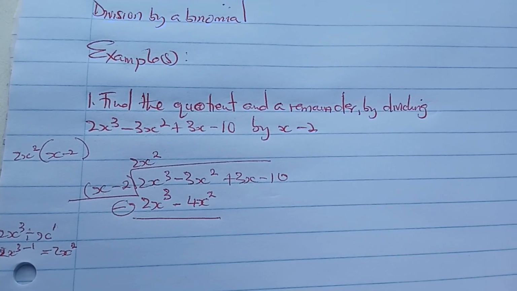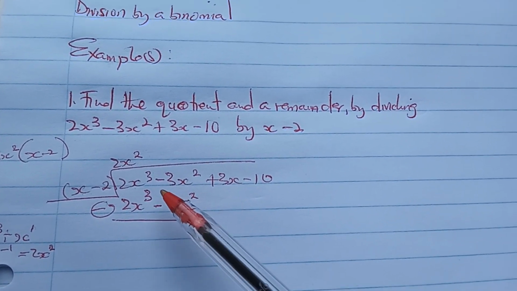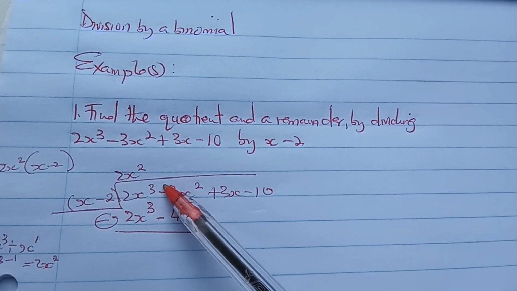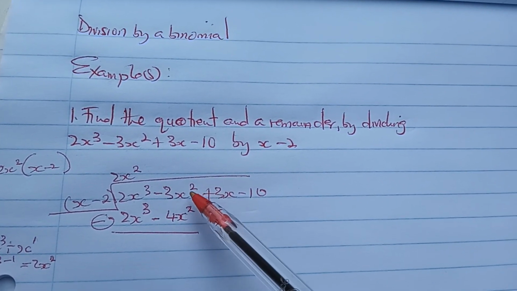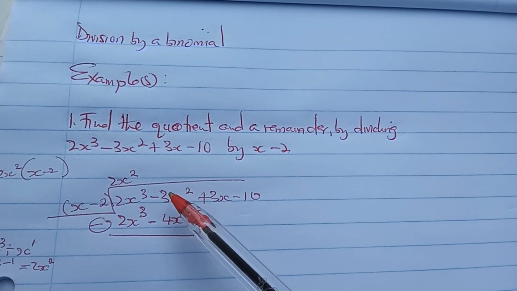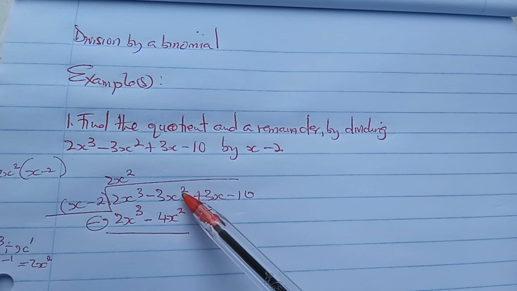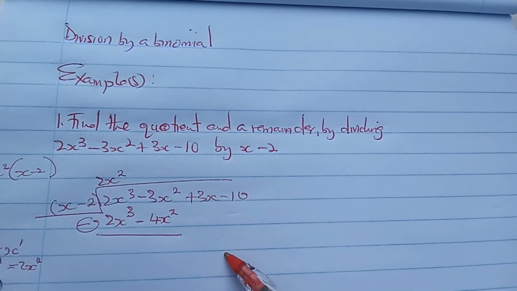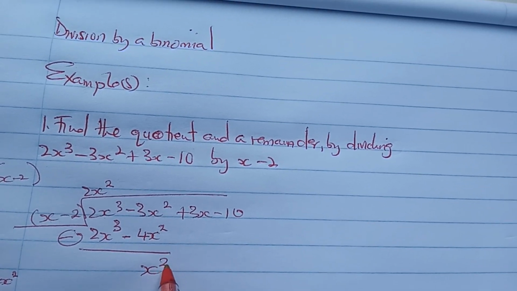Okay, now as we continue, we now subtract the terms. So 2x to the power of 3 minus this 2x to the power of 3, the answer is 0. So we move on to these terms here, this one and this one. Negative 3x to the power of 2 minus a negative 4x to the power of 2, the answer is x to the power of 2.